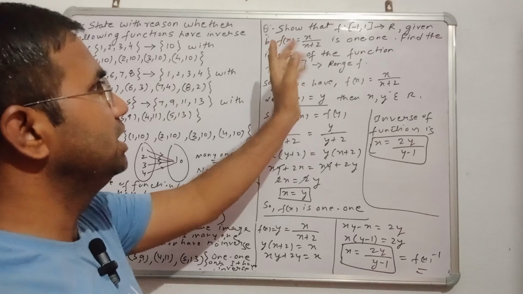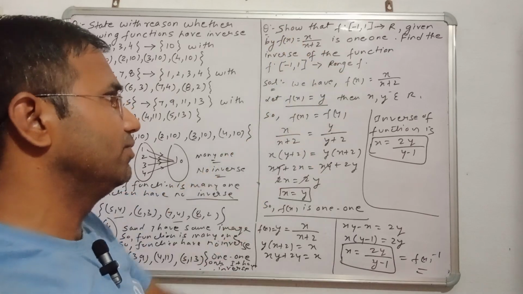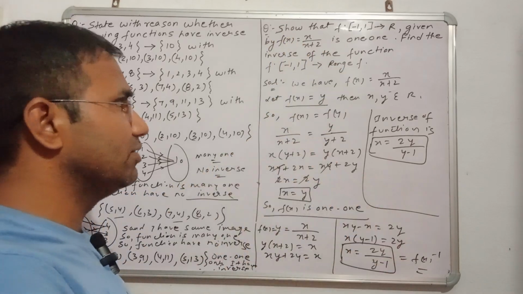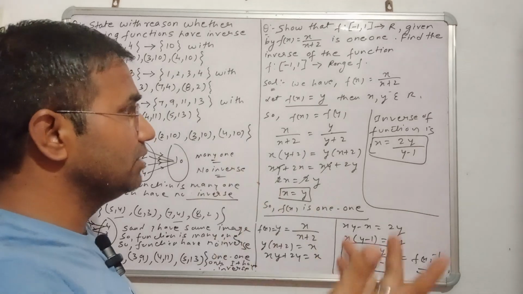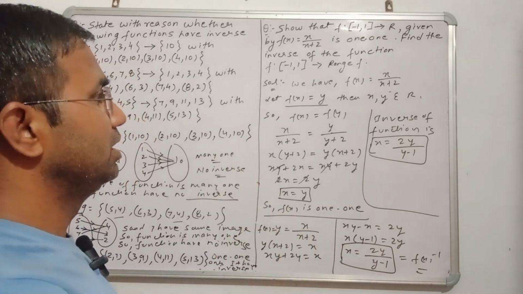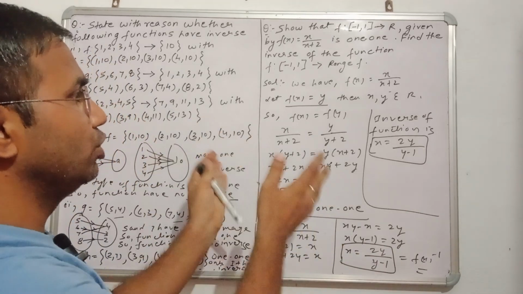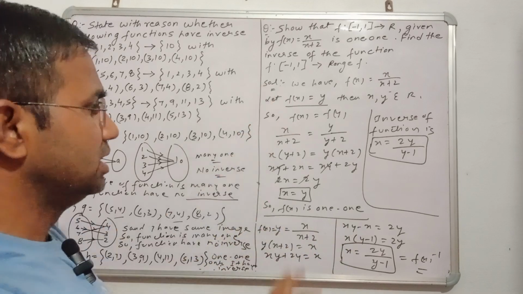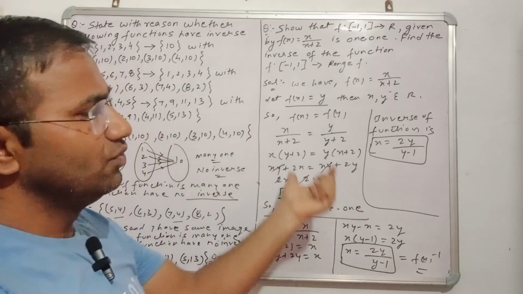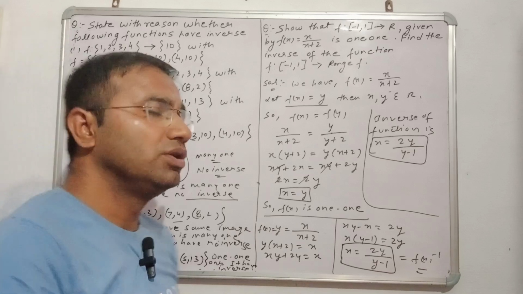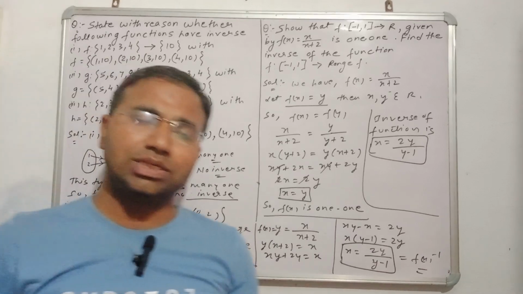If you want to prove that a particular function is one-one, take another variable in place of the given variable, equate f(x) and f(y), then simplify. If both variables come out equal to each other, then the function is one-one. I hope you have understood.